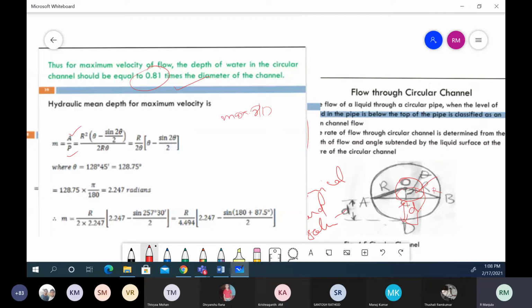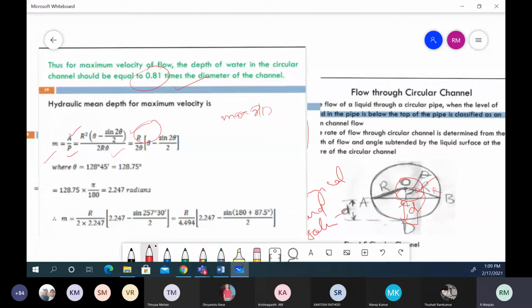Now substitute for A by P. A is the wetted area, P is the wetted perimeter. Your A is R square into (theta minus sin 2 theta), and P is equal to 2 R theta. So substitute the value of theta, 128 degrees 45 minutes, and you'll get the value of m.